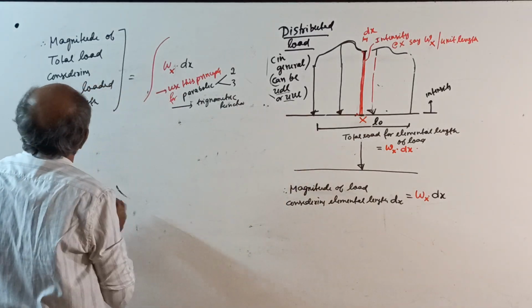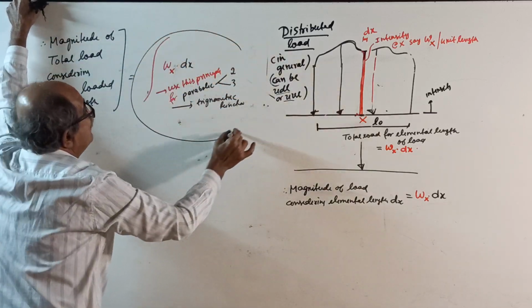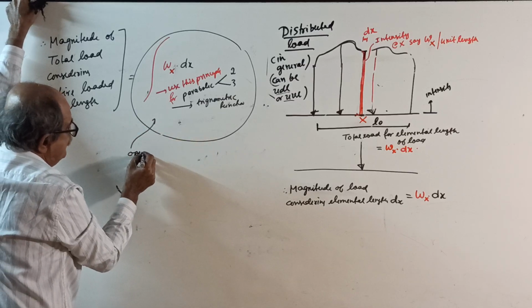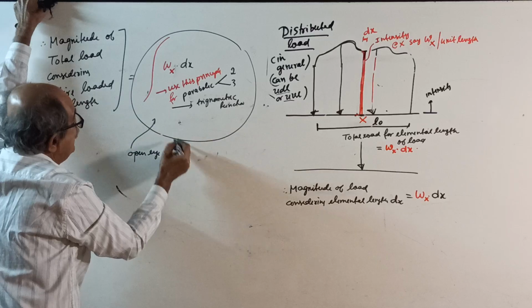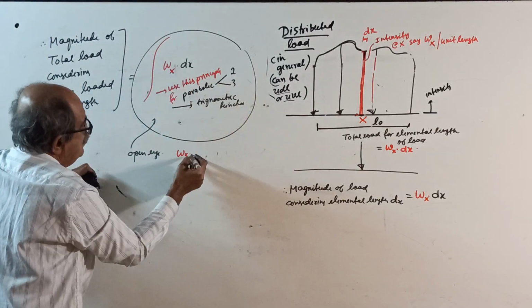Now see correctly, what is this one, right here. Open your eyes and tell me what is w_x into dx.